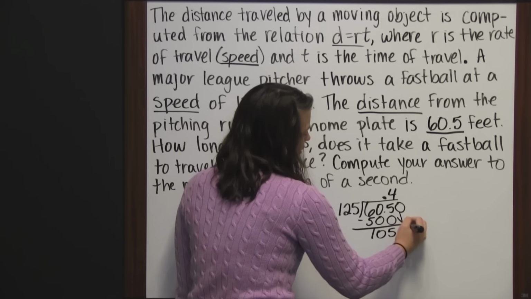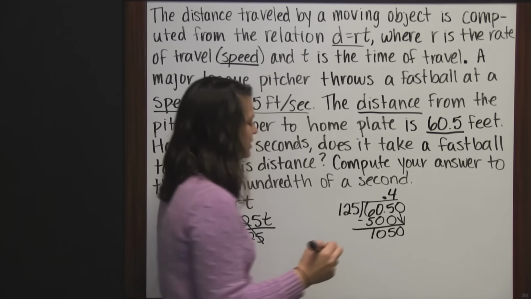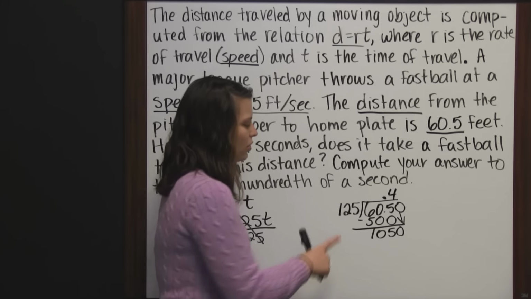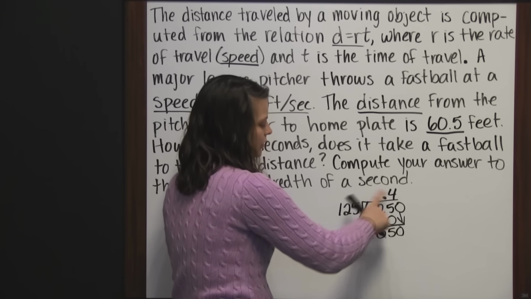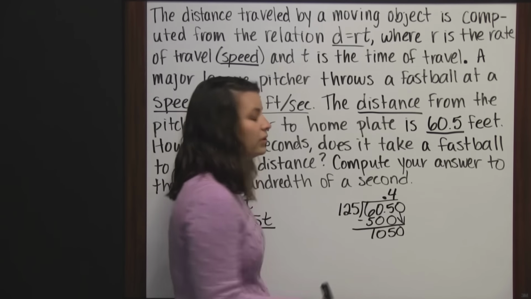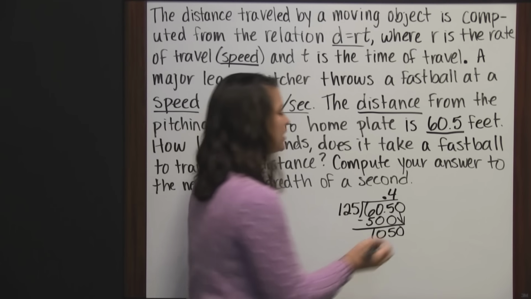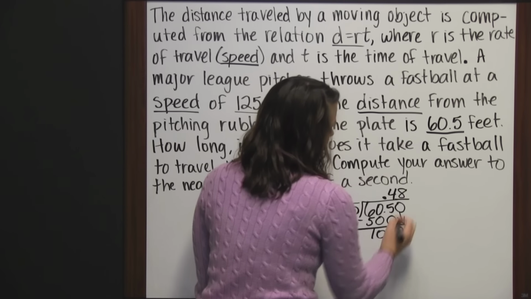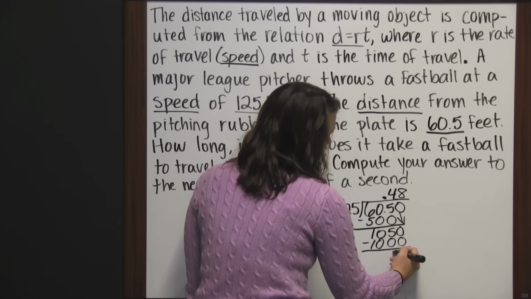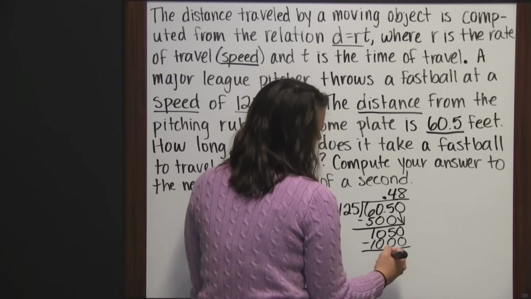Add another 0, bring it down. We want to see how many times 125 goes into 1,050. Well, if you'll remember that 125 times 4 was 500, then it would go twice as many times as that, so 8 times. And that would give us 1,000. We subtract that and we get 50.